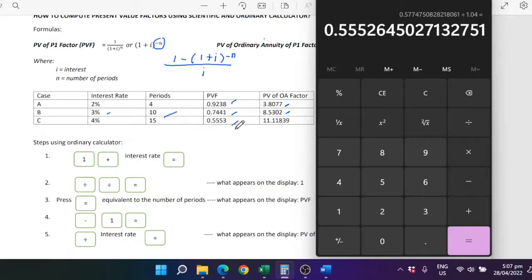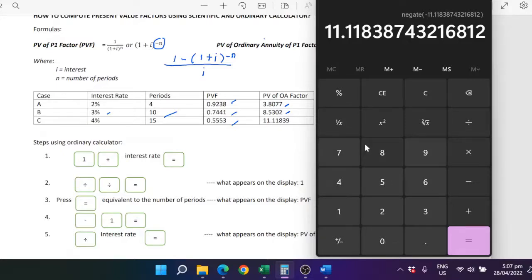You will get 0.5526, rounded off. Then minus 1, then equals, then divide by 0.04, you will get 11.11838 negative. Again, get the absolute amount, that is your present value of ordinary annuity factor.